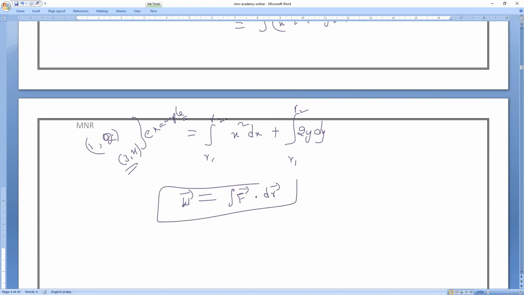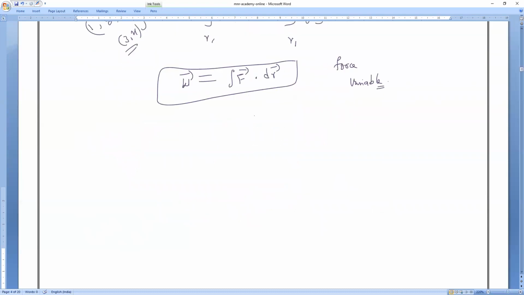Now, does the force remain constant or variable? Everybody, it is variable. Clear, everyone? So if you want to calculate work done, it equals the integral of F dot dr. Okay, everybody? That is what you have to remember.